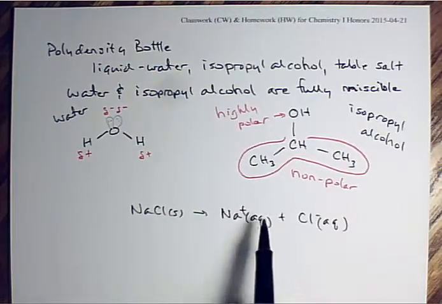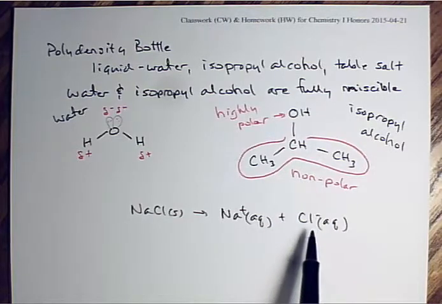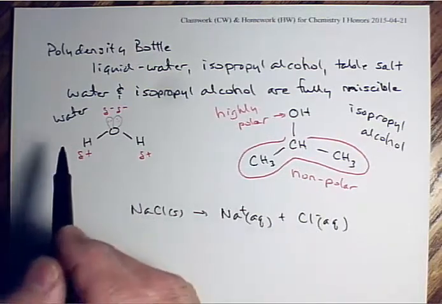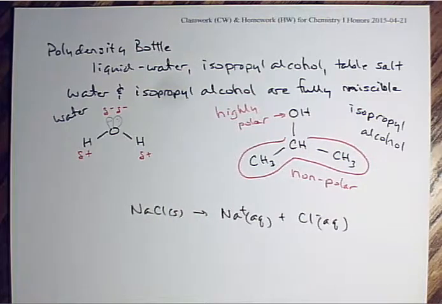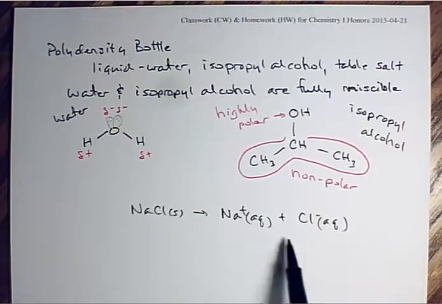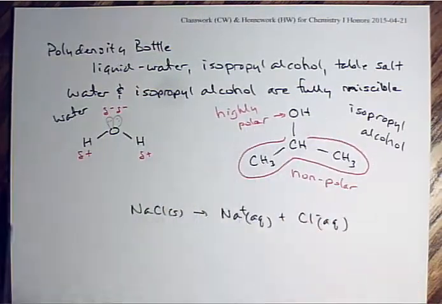Completely separately charged. Okay? So the more polar it is, the closer it is in charge nature to being ionic. That makes sense? And so this is going to be more attracted to the water and less attracted to this.